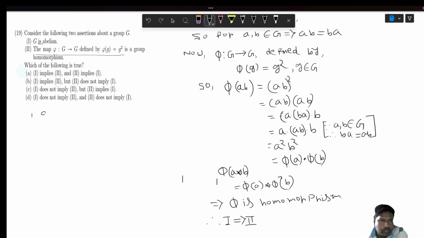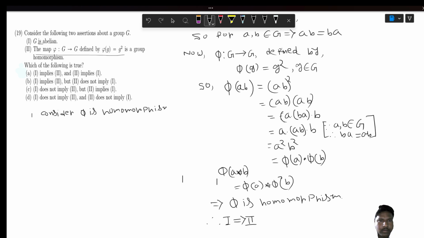Now consider phi is a homomorphism. That means we consider the statement two, homomorphism.